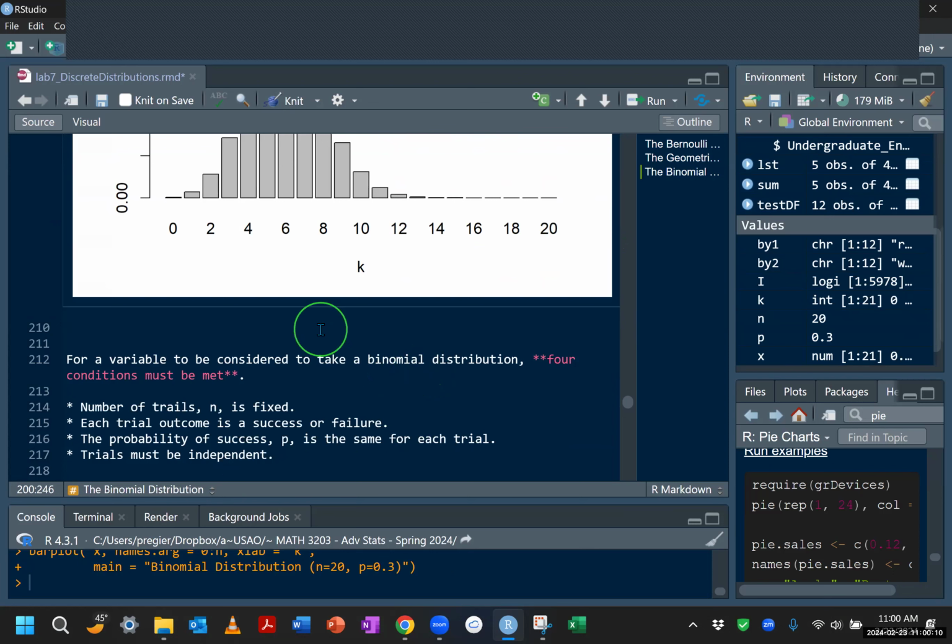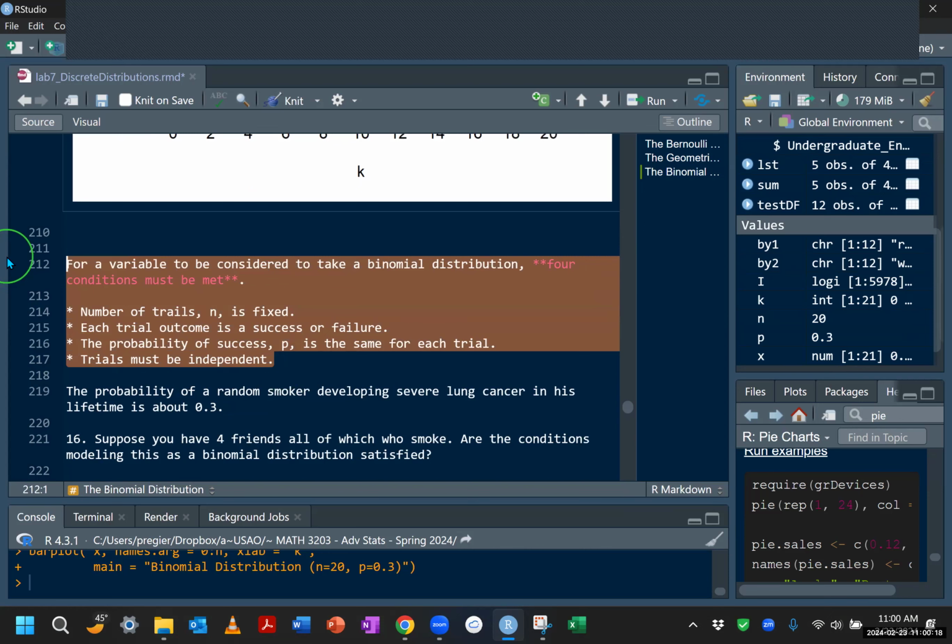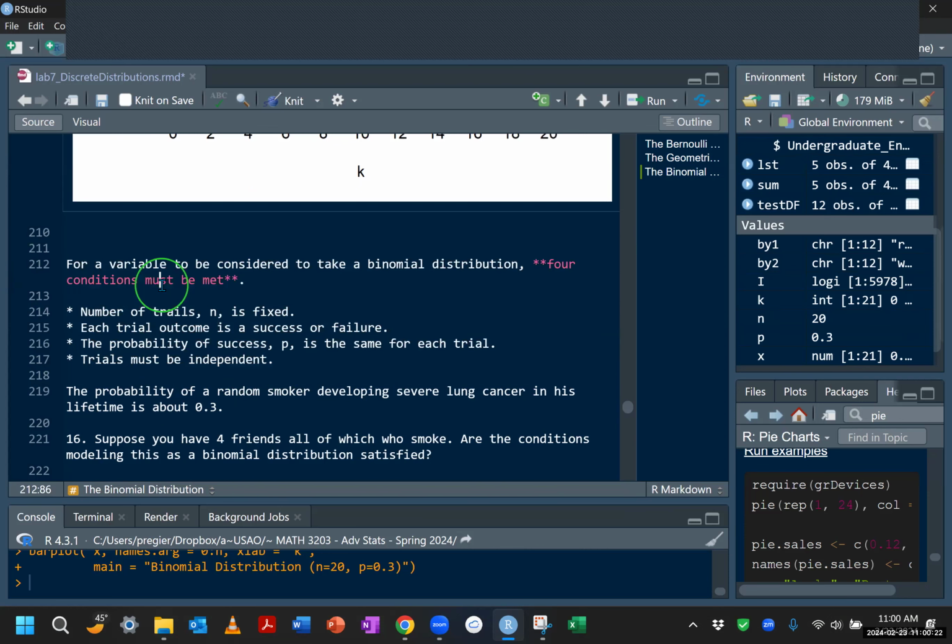The other angle we need to take when we use the binomial distribution is there are some assumptions. And this is also a really good thing to just keep in your notes for the future. When we're using the binomial distribution, there's a fixed number of trials. Instead of the geometric, where we're looking at any number of trials until we achieve our first success. Here we're saying, no, there's a specific number of people we're selecting.